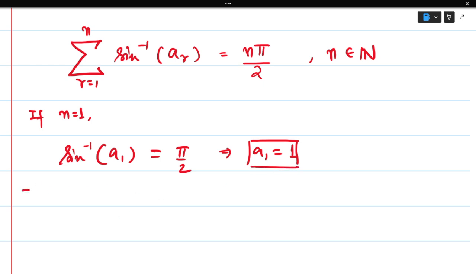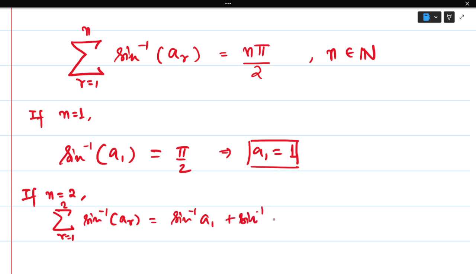Now in a similar manner, if we take n equal to 2, what we get? We get summation r equal to 1 to 2 sine inverse a_r. Now this can be broken into sine inverse a1 plus sine inverse a2, and that is n pi by 2, right? So if we put n as 2, we get 2 pi by 2, which is pi.